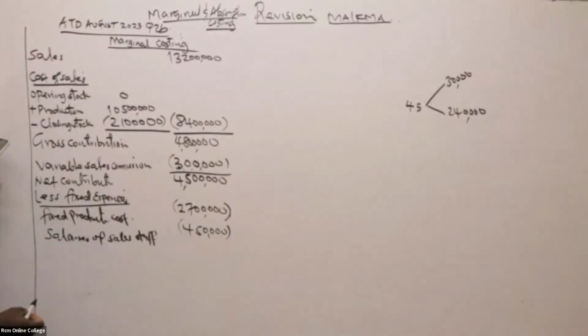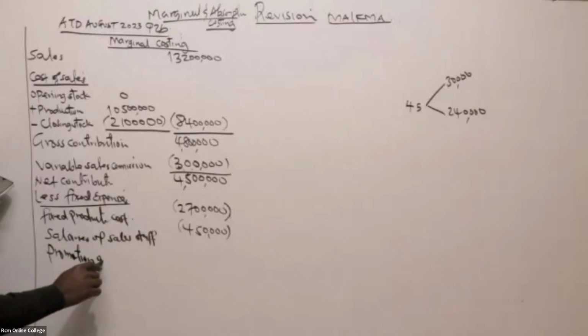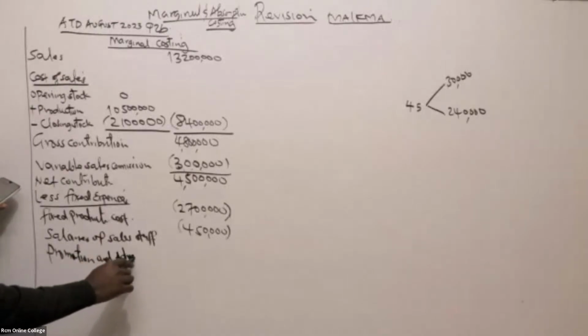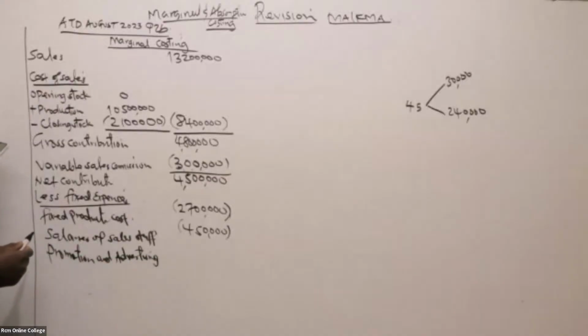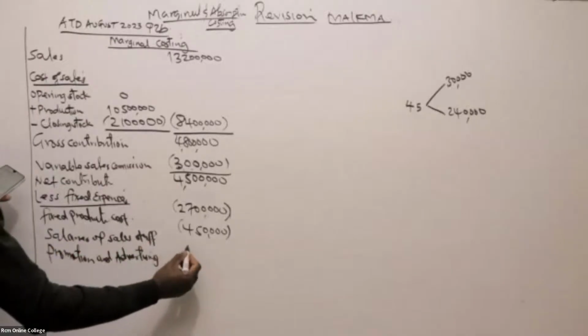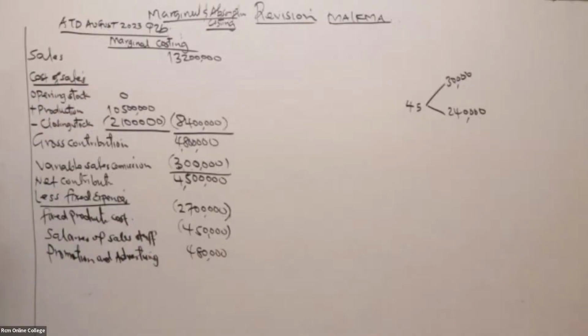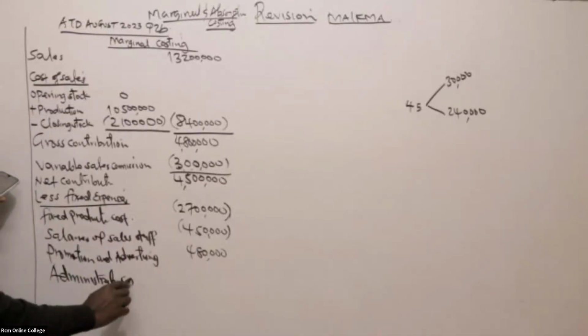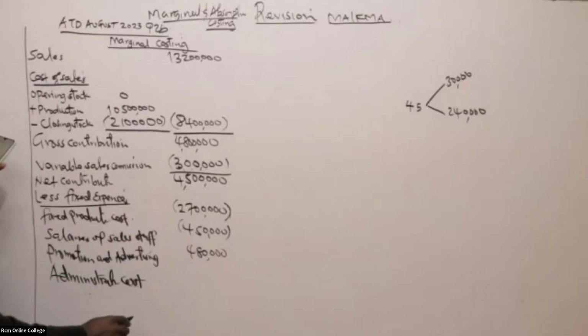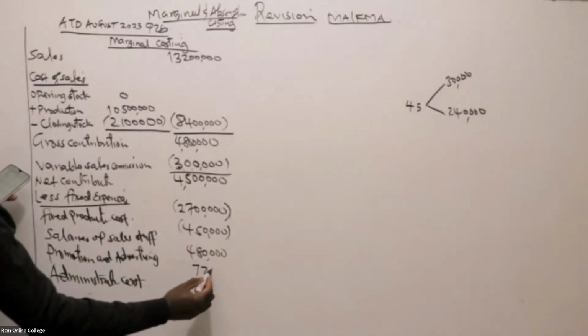Then we have promotion and advertising, 480,000. Then of course we have what we call administration costs of 720,000.